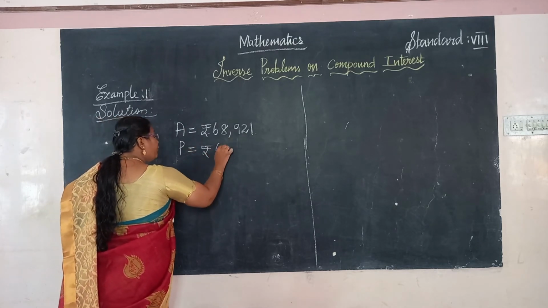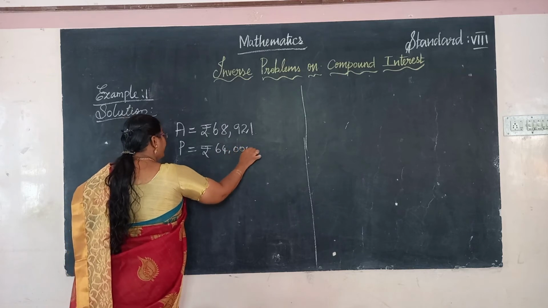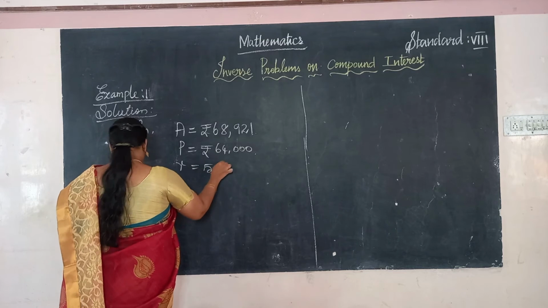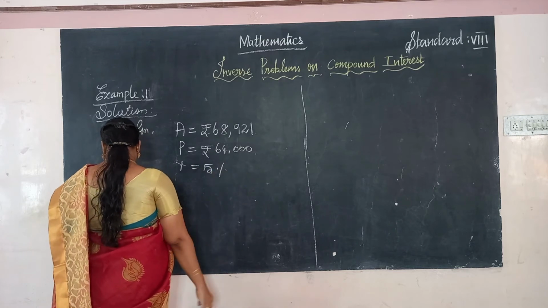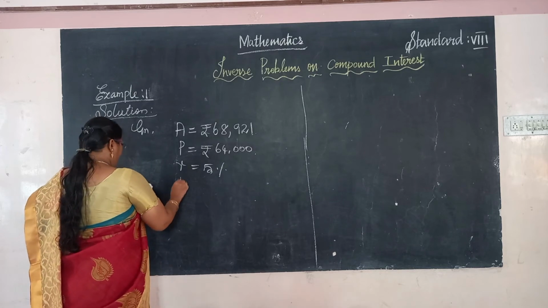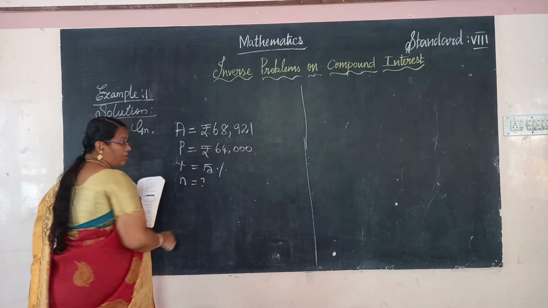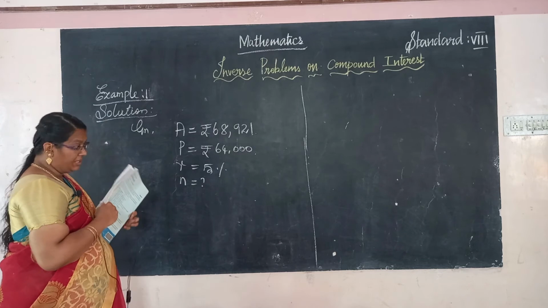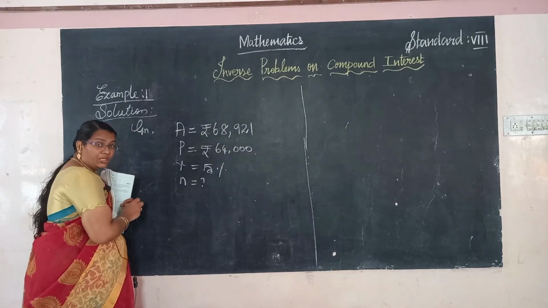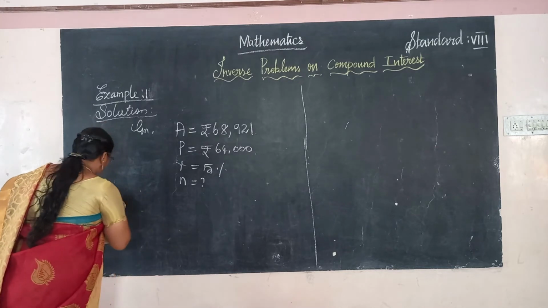Rupees 64,000. Rate 5%. We have to find out the number of years. What do we find out? Number of years. What is the formula for compound half yearly?